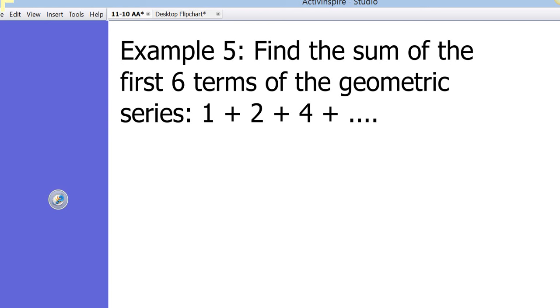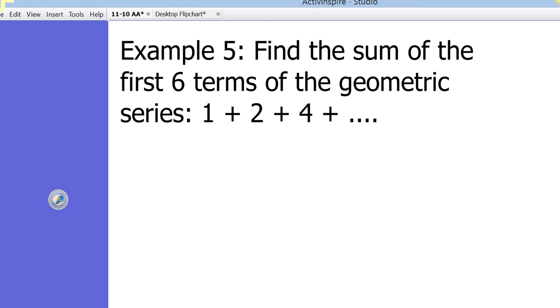What's 1 minus 2? Negative 1. So S of 6 is equal to 1 times, what's 2 to the sixth power? 64.